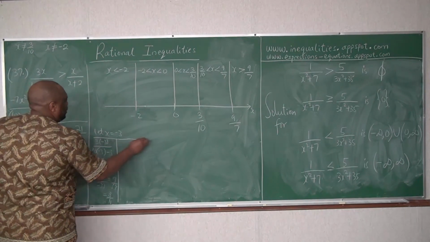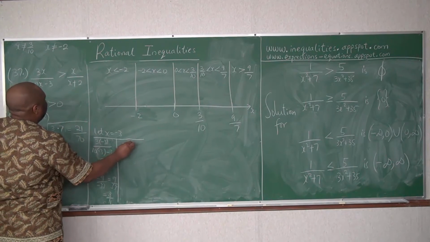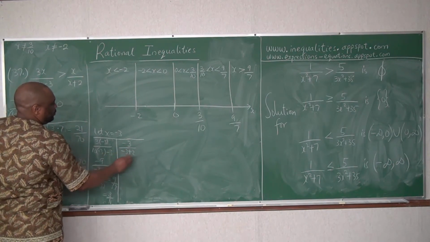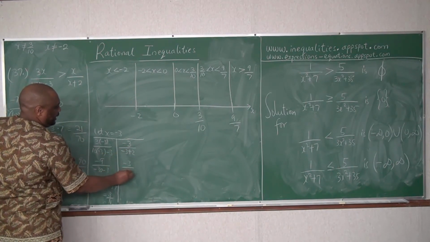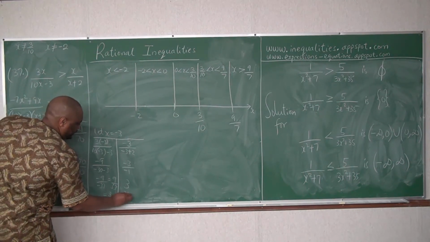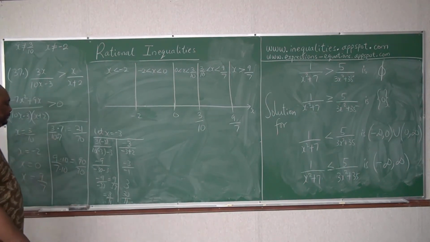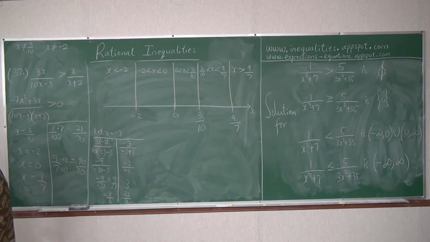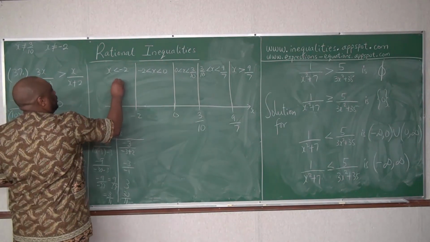Then on the right, we have negative 3 over negative 3 plus 2, which is negative 3 over negative 1, which is 3. And 3 is 33 over 11. So we have here 3 over 11 and 33 over 11. 3 is less than 33. 3 is not greater than 33. So this is going to be no.